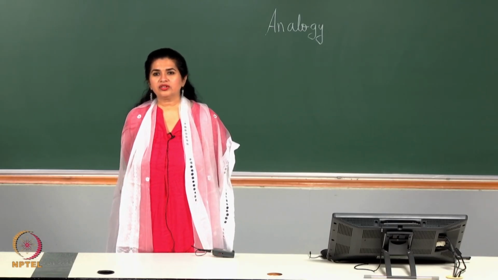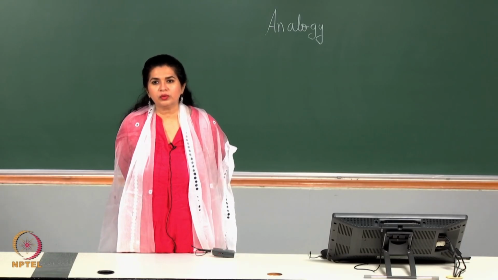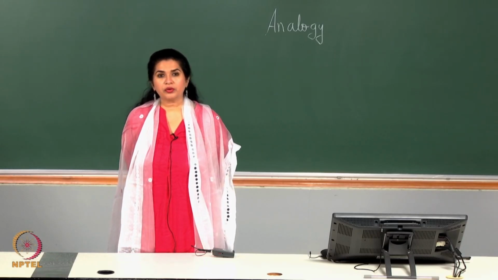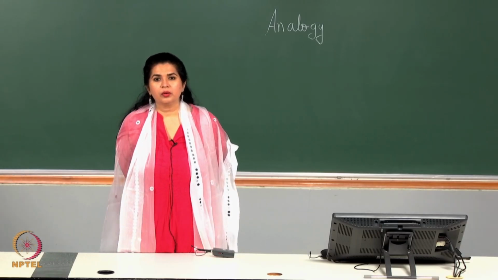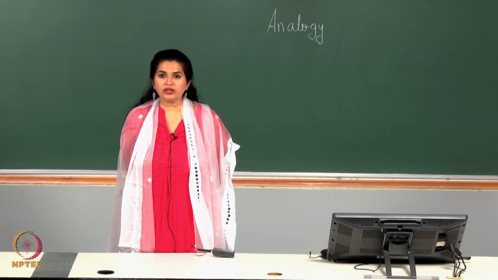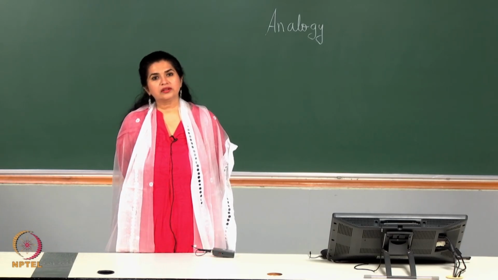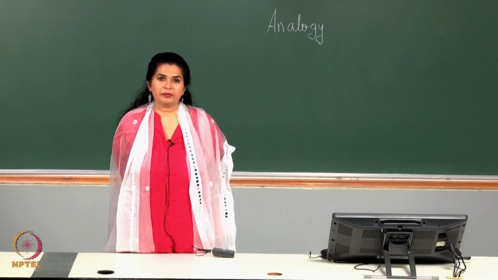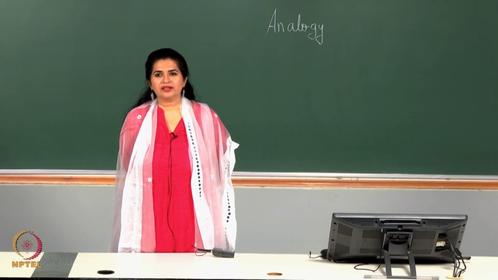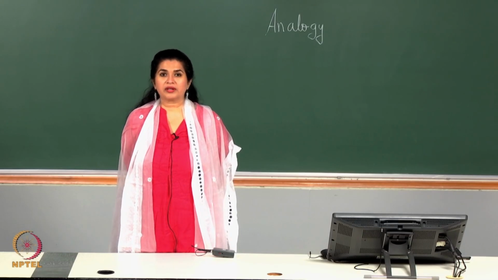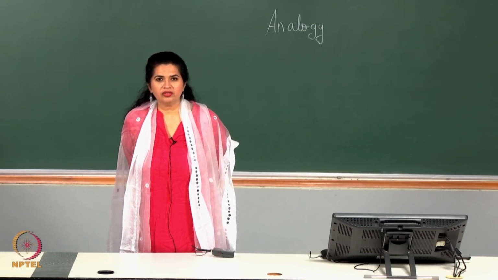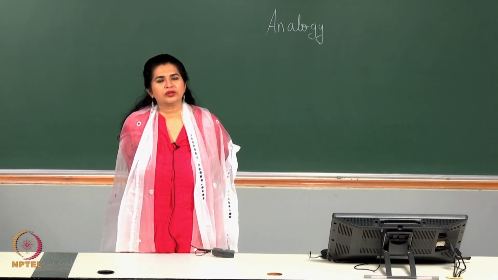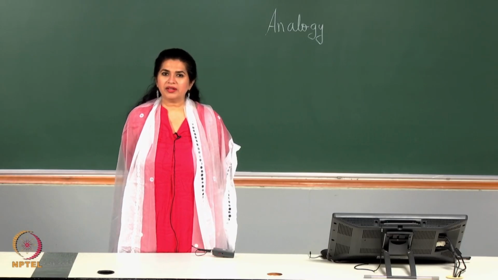A particular relationship is indicated between the first two words, and the test taker is supposed to identify the alternative which bears a similar logical relationship with the third word. For example, dawn to dusk, this is an opposite, right? As breakfast to what? Dinner, supper, lunch, tea time. It could be any number of choices, make the best choice.